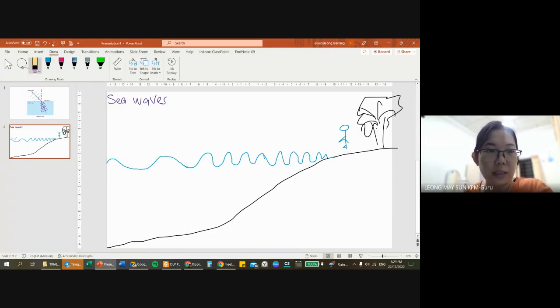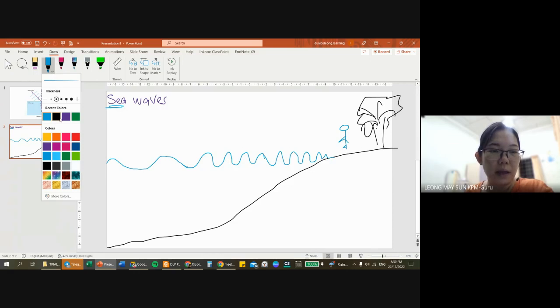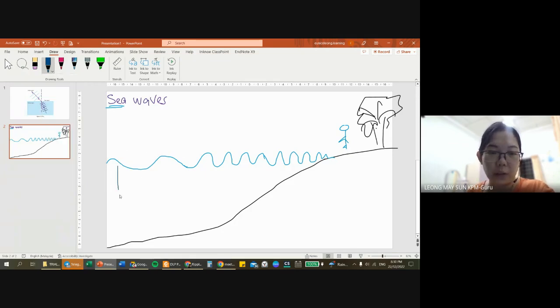So what actually happened? The main reason is because sea waves are similar to water waves. The thing that affects whether the waves are very close to each other or very far away from each other depends on the depth of the water.